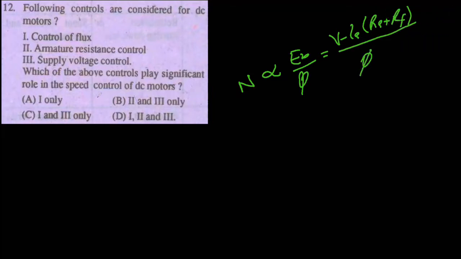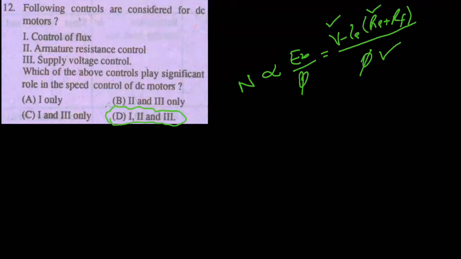So the speed can be controlled by flux, yes. Armature resistance control, yes. Supply voltage control, yes. So 1, 2, and 3. So option D is the correct answer.